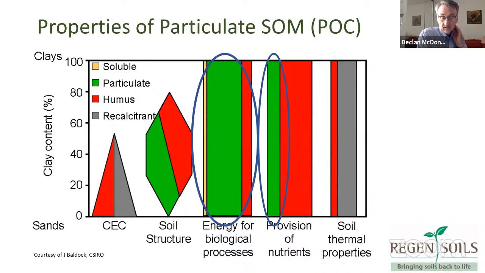Similarly with humus, and we can probably thank the fungi here because they're more adapted to extracting nutrients from more recalcitrant forms of carbon in the soil, and humus is a more recalcitrant form than particulate. So it is still a significant pool of nutrients for biological processes, both for plants and for soil organisms. Next slide.